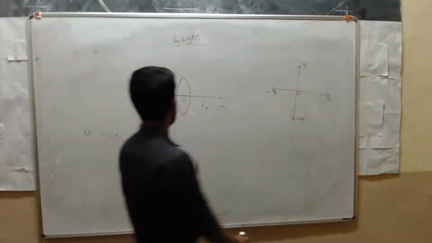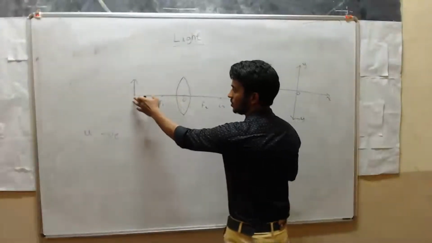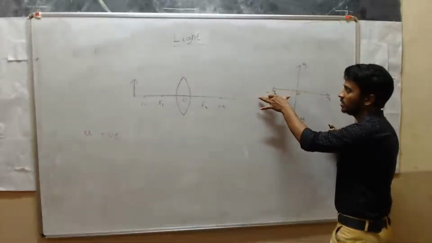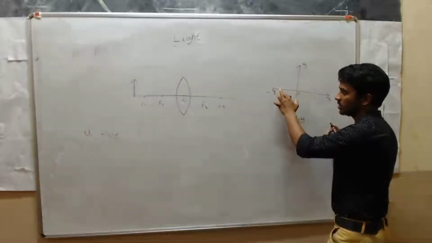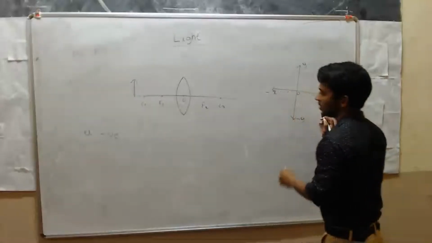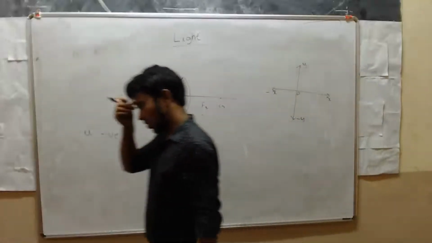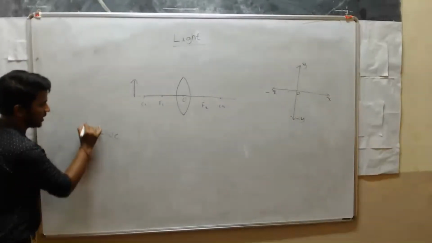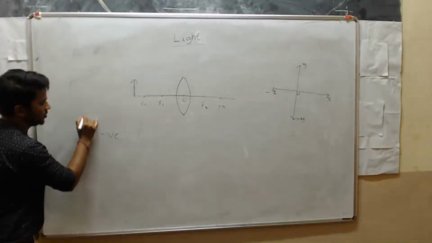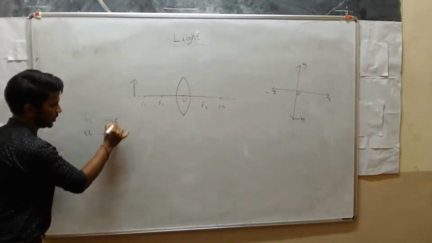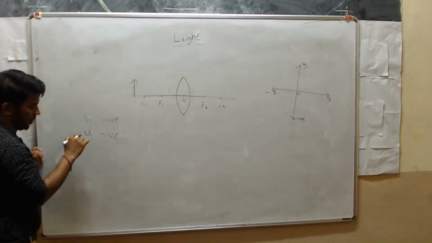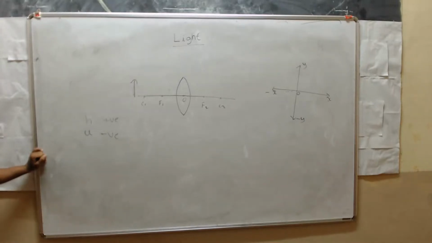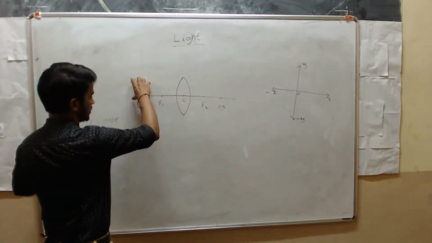Why? Because this is the origin. So you should compare this distance with respect to this negative x-axis. In this axis all the values are negative, right? That's why the object distance is always negative. Now take the height of the object.